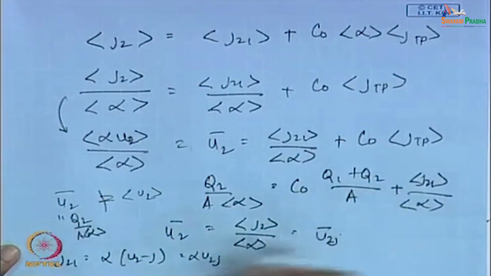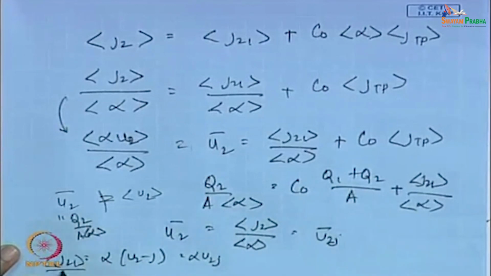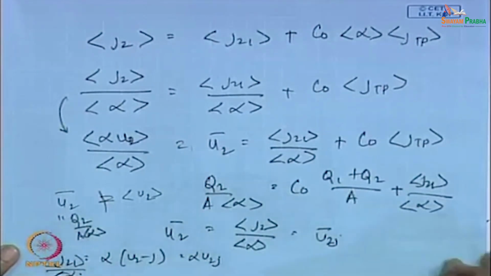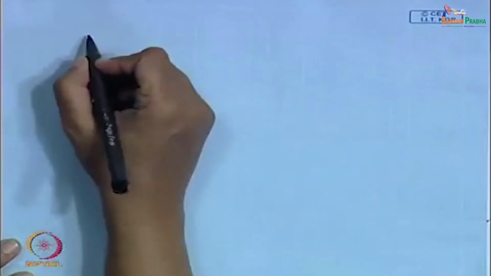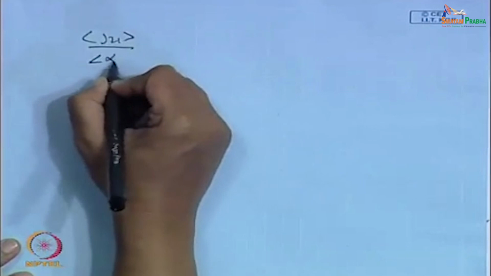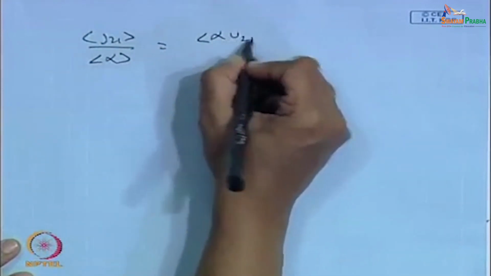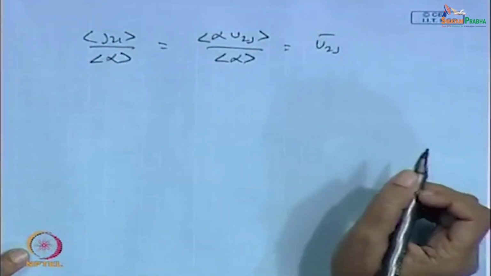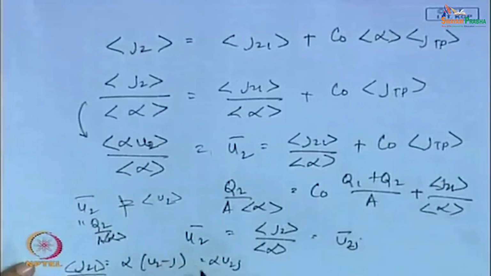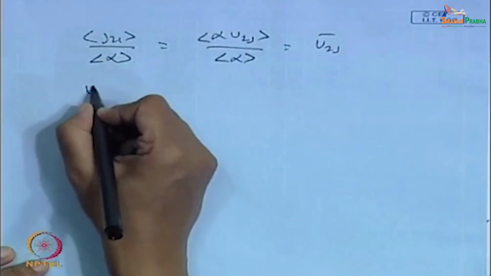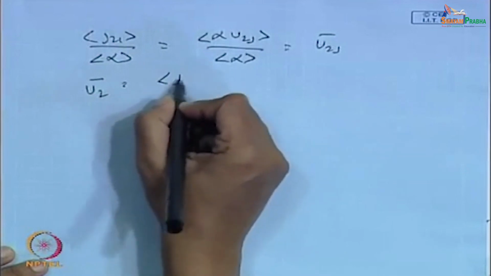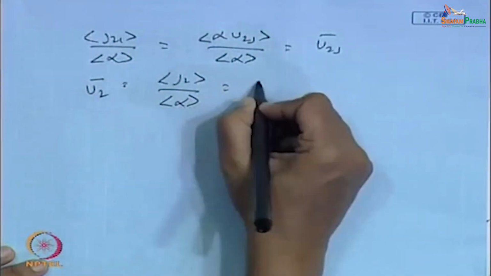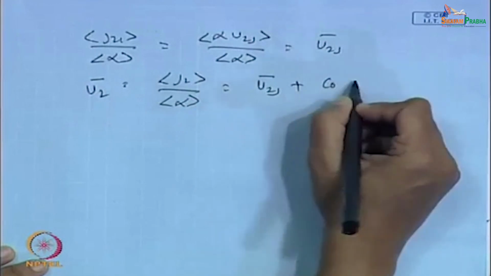So, if we write down J21 by alpha, this is nothing but alpha u2j by alpha, which is nothing but u2j bar. So, the previous equation, we can also write as u2 bar is nothing but u2j bar plus C0j.